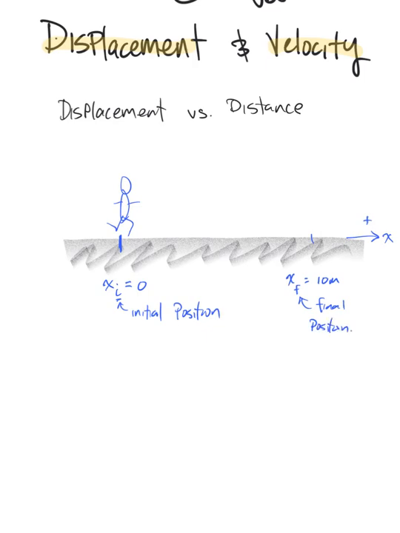And I could ask you, well, how far did you run? What is your distance? If I asked you how far, that's a distance. And it would be pretty obvious that you ran a total of 10 meters. You started at 0, you ended at 10, so your distance here would just be a total of 10 meters.